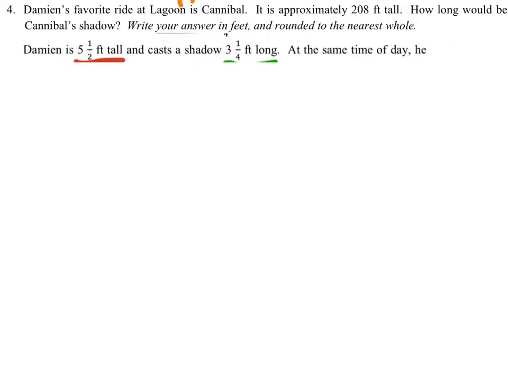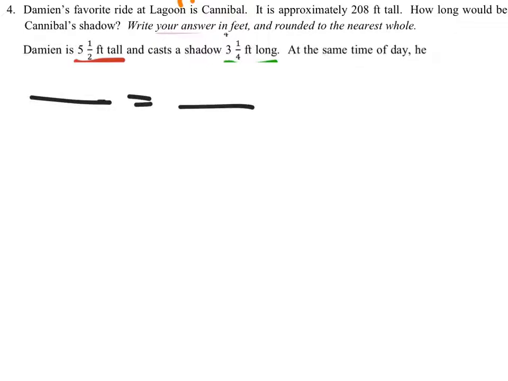Alright, for number 4, Damien's favorite ride at Lagoon is Cannibal. It is approximately 208 feet tall. How long would Cannibal's shadow be? And we'll write our answer in feet, rounded to the nearest whole foot for this one. So again, we're comparing actual height to shadow length in these.